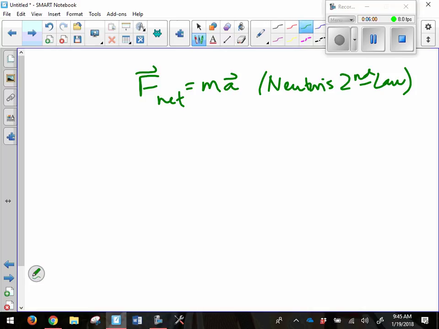But we learned the other day that there's another way to write Newton's second law. You can look in your notes. It's okay. That's why you took them. That my F net is also equal to, effectively, the change in momentum.